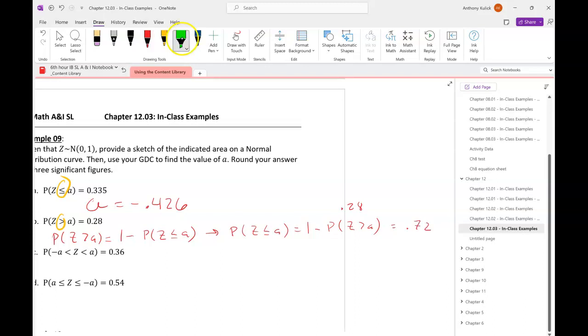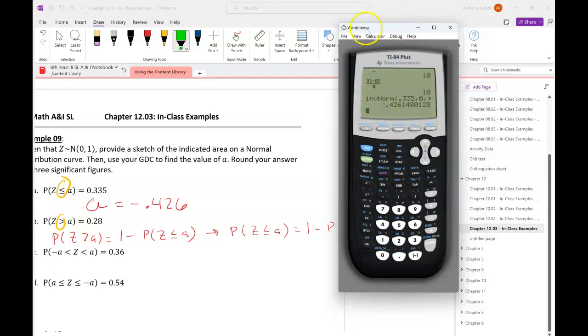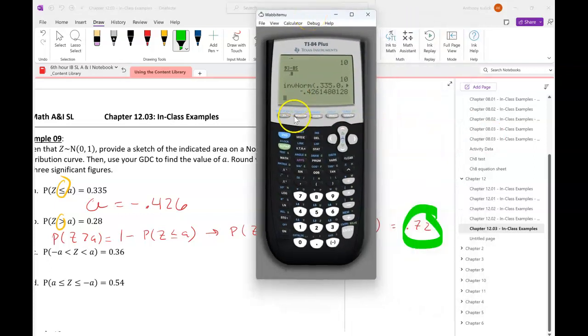So that's what's going to go into my calculator. So I have there 0.583.